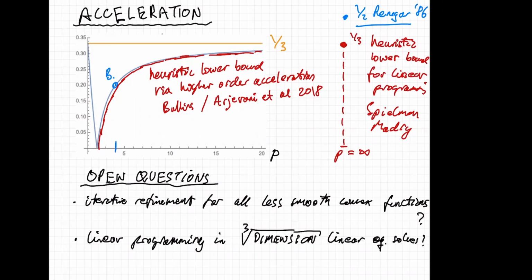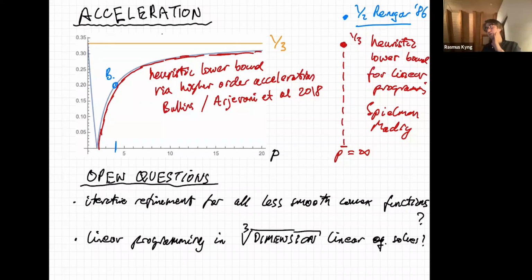Out of curiosity, are the square root dimension algorithms related to Chebyshev polynomials? That's a good question. I'm going to say no, actually. I don't think so, because in some sense all of these points on our curve are related to acceleration.